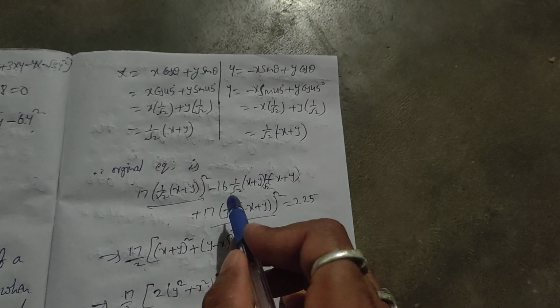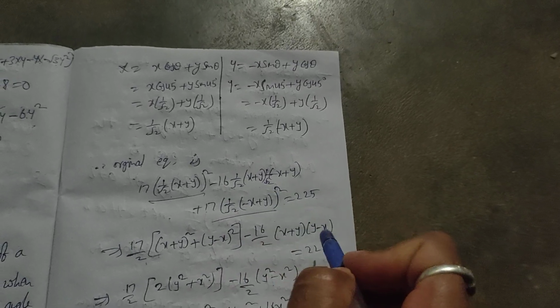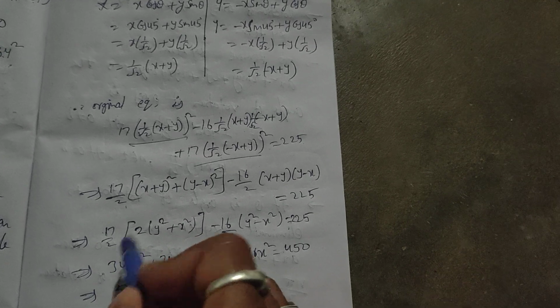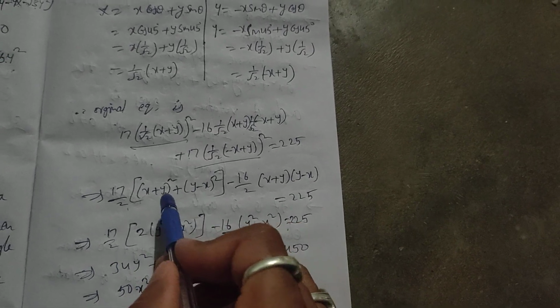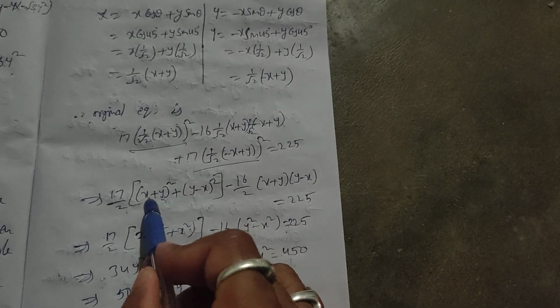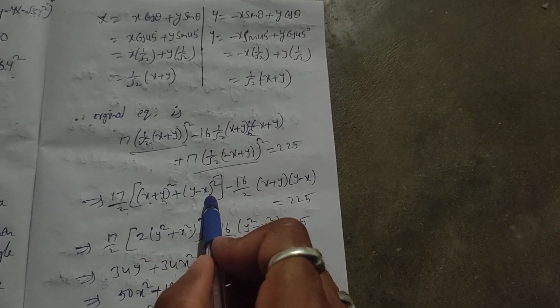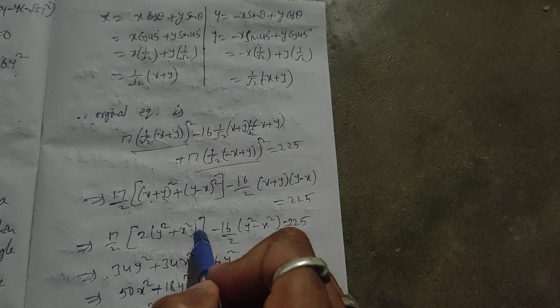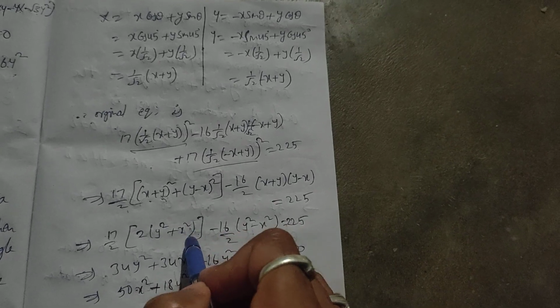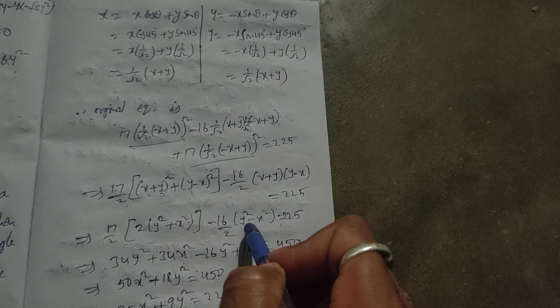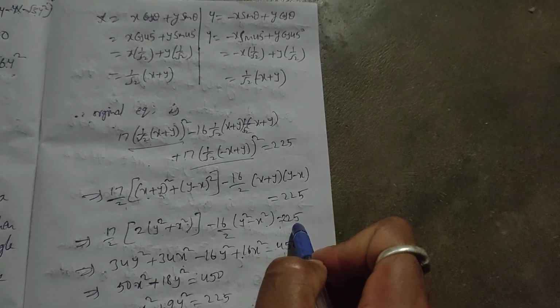So you get minus 16/2 into (x + y)(y − x) is equal to 225. So this is 17/2 into, here y is a, x is b, (a + b)² + (a − b)². (a + b)² + (a − b)² is equal to 2(a² + b²), that is 2(y² + x²), minus 16/2 into (a + b)(a − b), a² − b², that is y² − x², is equal to 225.